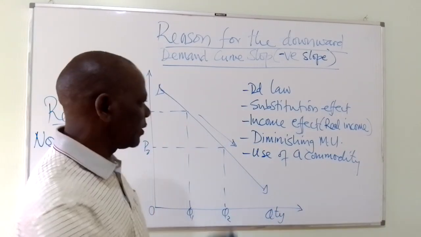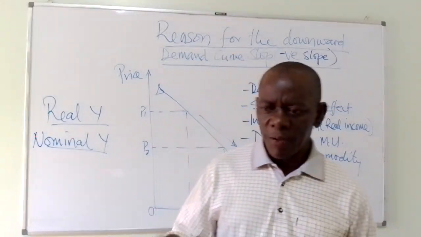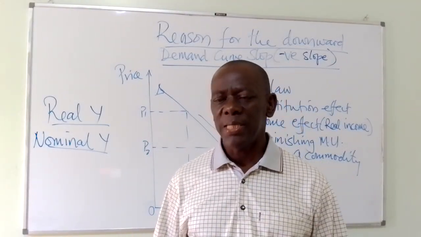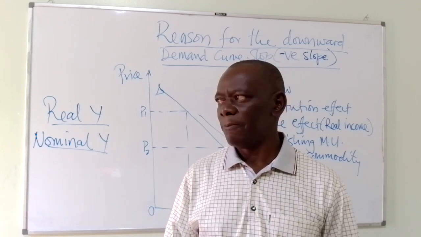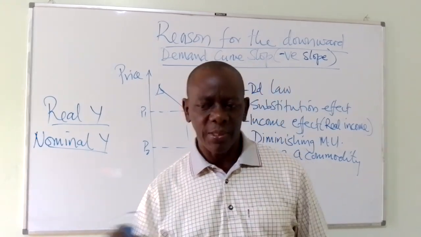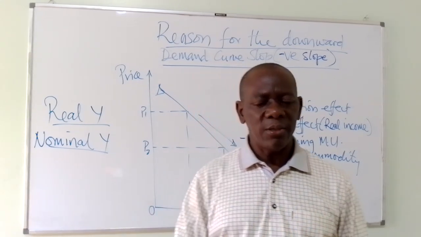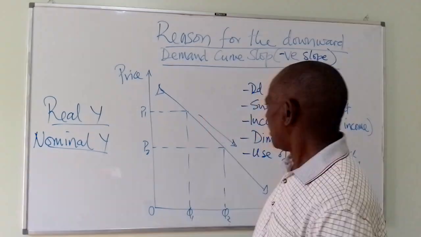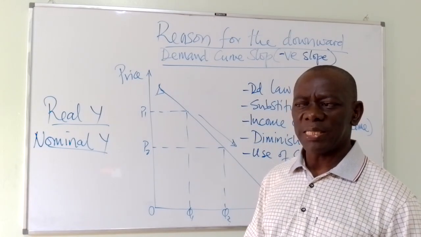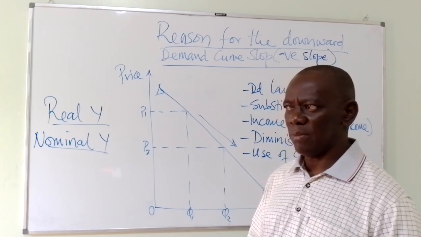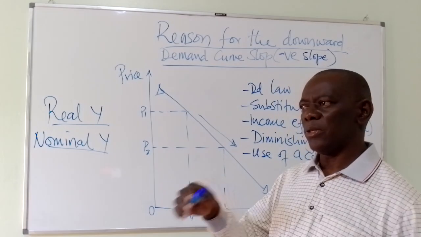Then we have another point, which is diminishing marginal utility. We have been talking about marginal utility, and we said the satisfaction you get from a product is the utility. And your willingness to pay for that commodity keeps on reducing as the utility reduces. So that means as utility goes down, which we call in economics diminishing marginal utility. As you take the extra unit, the utility reduces.